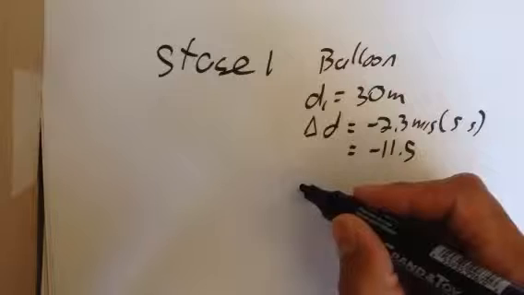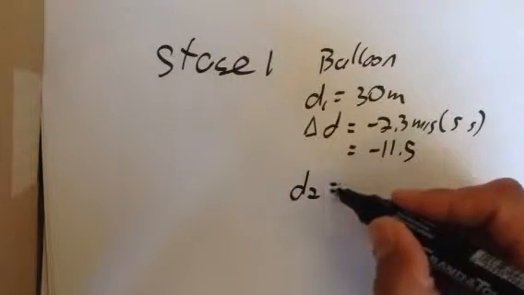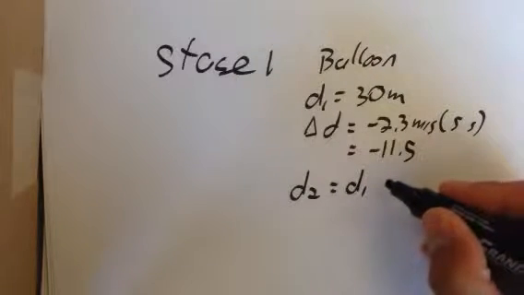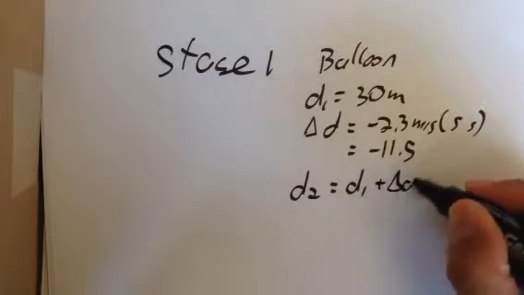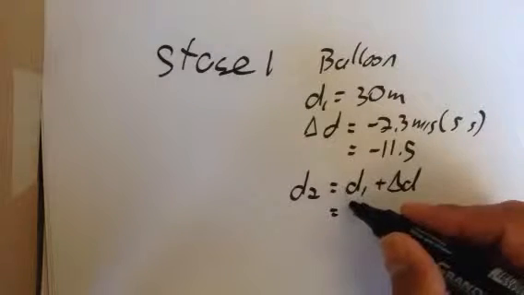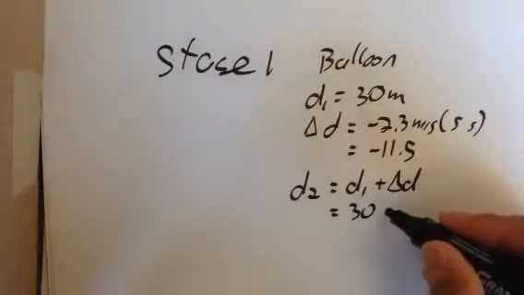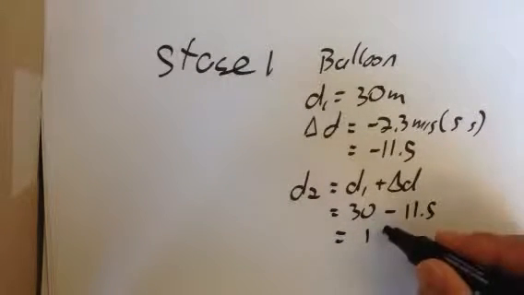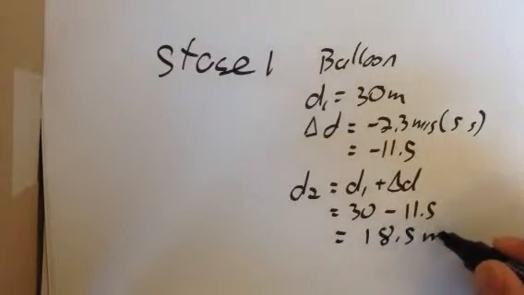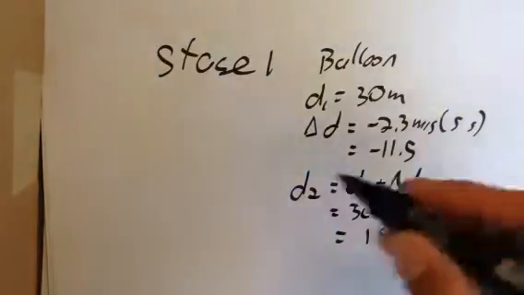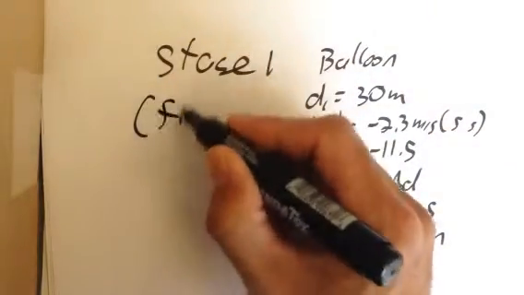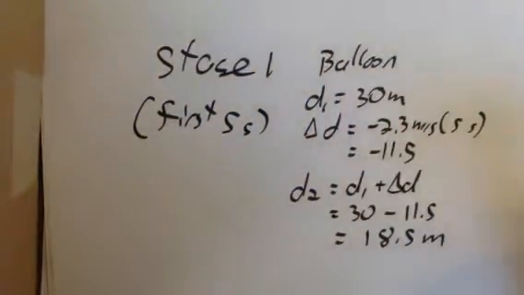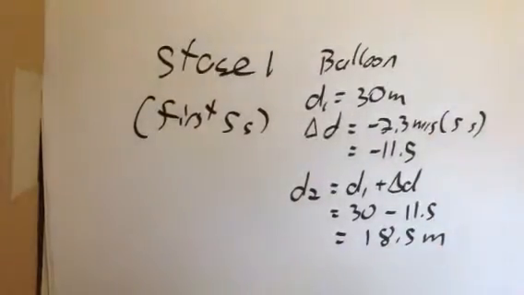So the final position is equal to the initial position plus the displacement, 30 meters minus 11.5, making it 18.5 meters. So at the end of stage 1, which is the first 5 seconds, the balloon is 18.5 meters above the ground.